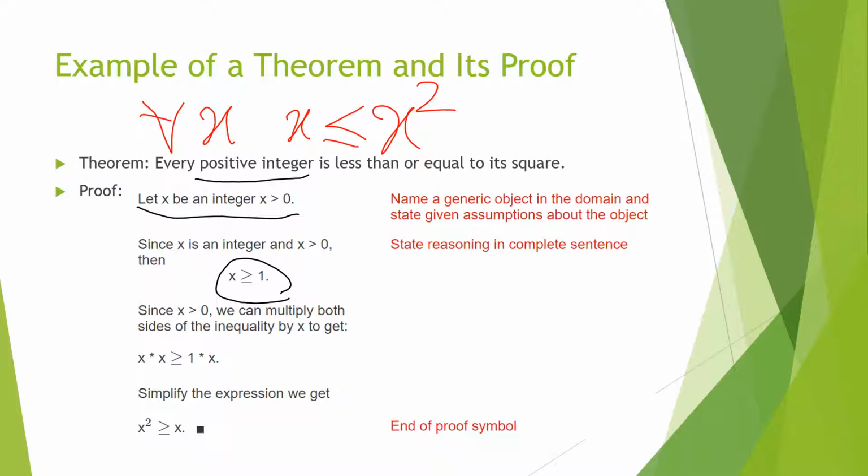But in this case, since x is positive, when you multiply both sides of this inequality, you don't need to change the direction, and we get the following inequality. x squared is greater than or equal to 1 times x, which simply means that x squared is greater than or equal to x.